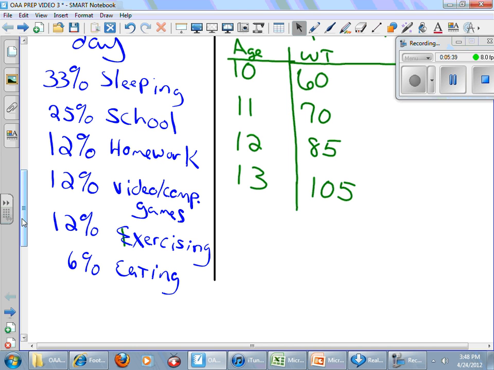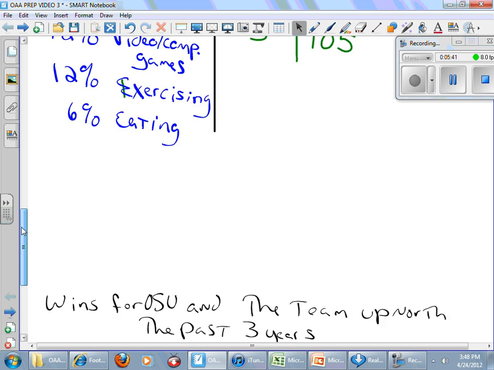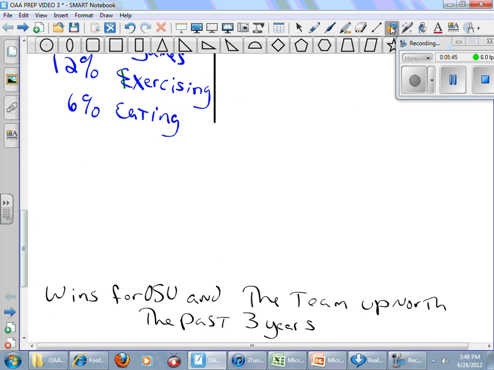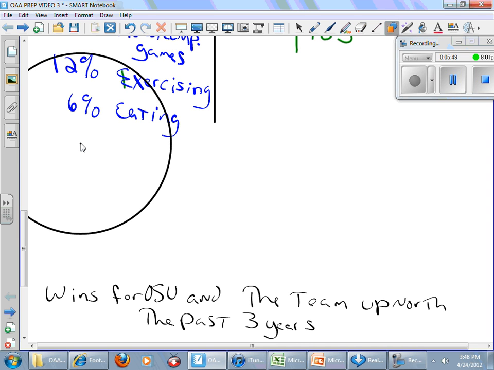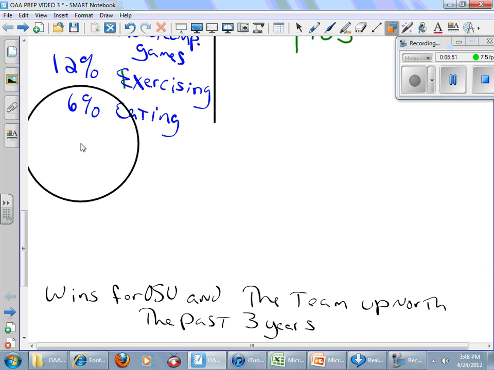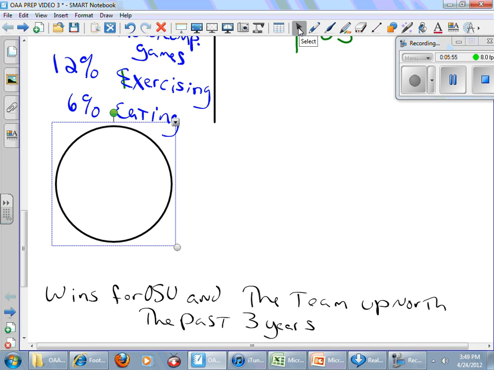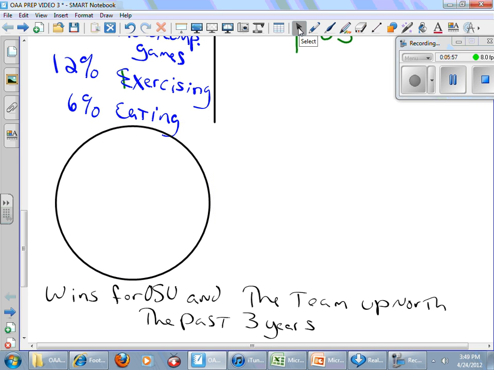When you see percentages presented like this, it's a great time for a circle graph. So I'll draw my circle. It's important that your circle graph be divided up appropriately.